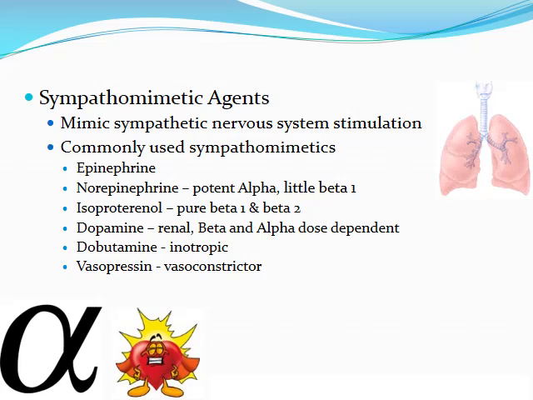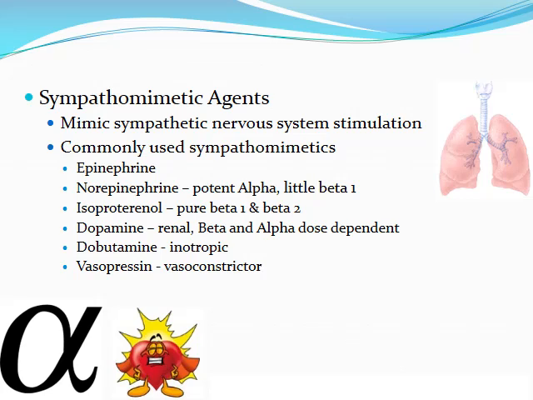So remember, alpha, vasoconstriction. Isoproterenol is pure betas. Beta 1, one heart, beta 2, two lungs. It works directly on those betas. Then we have dopamine, which is dose dependent.